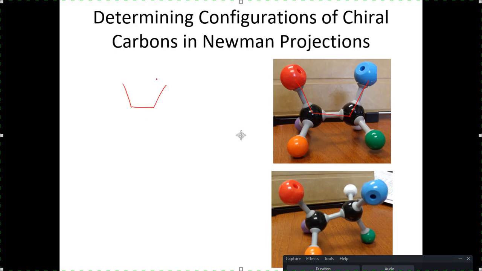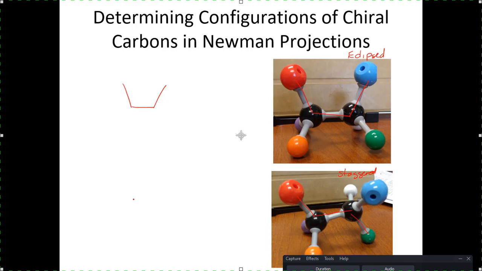So this is going to be the eclipsed Newman conformation, and down here this is going to be the staggered Newman conformation. So the bonds that are in the plane of the screen as you're looking at them are U-shaped for eclipsed, and they are in essence S-shaped for staggered.